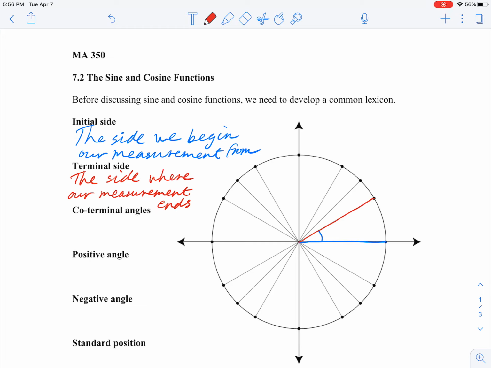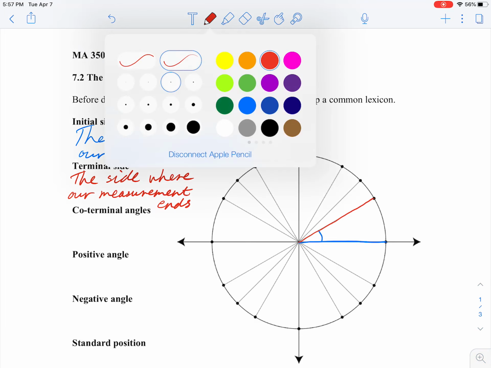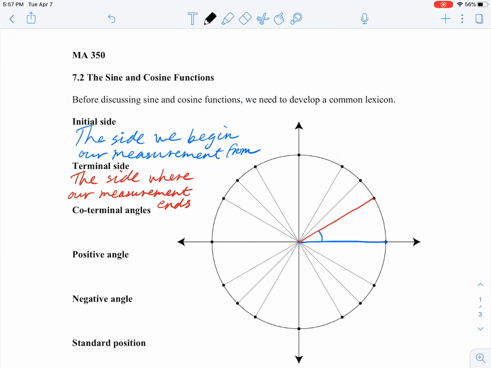Now, coterminal angles. Coterminal angles share a terminal side. We have the angle we initially drew. We'll add a little arrow to it.